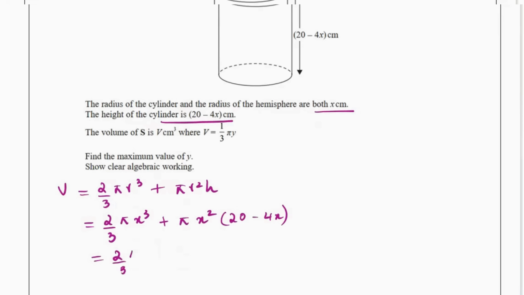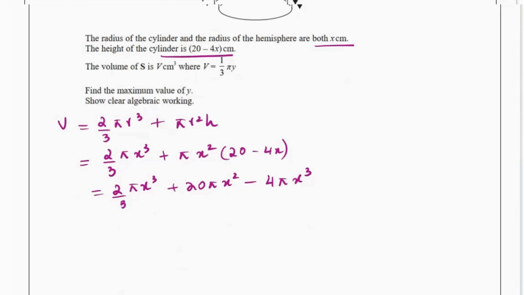So 2 over 3 pi x cubed plus 20 pi x squared minus 4 pi x cubed. So the question says V equals 1 over 3 pi y.